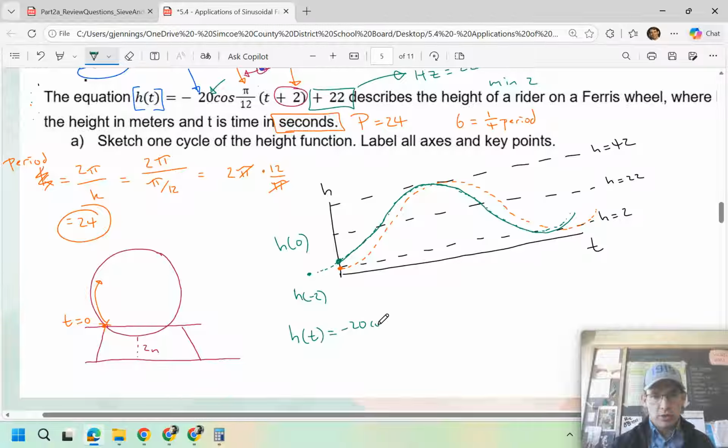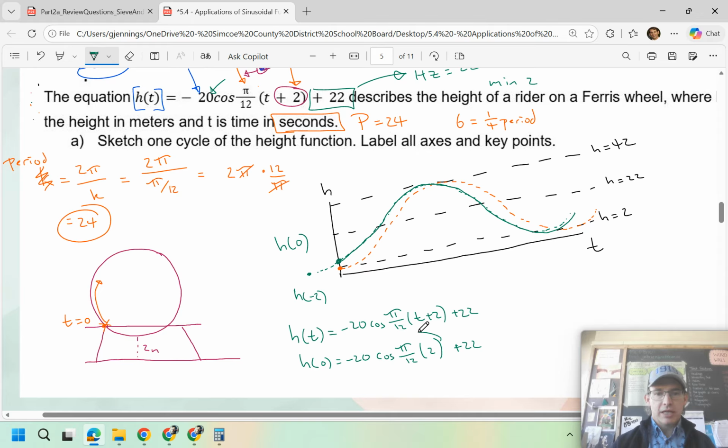-20 cosine of pi by 12 t plus 2, all plus 22, and then input 0. And so that gives us h at 0 equals minus 20 times the cosine of pi by 12 times 0 plus 2, that's 2, plus 22.